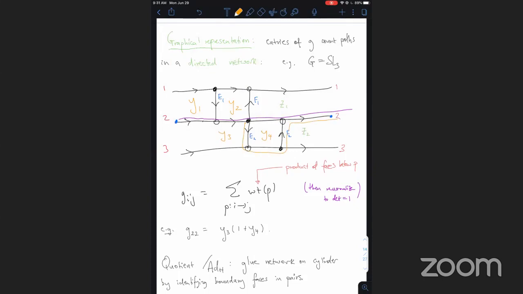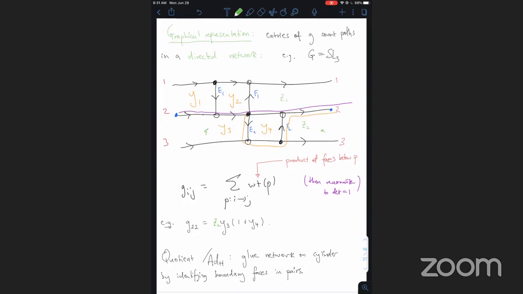I suppose in this formula I've neglected to include an overall factor of z sub 2, which will disappear in a second anyway. These 2 paths, the smaller one has weight y3 times z2. We take this face and this face, and for the larger one we've also taken the face y4.